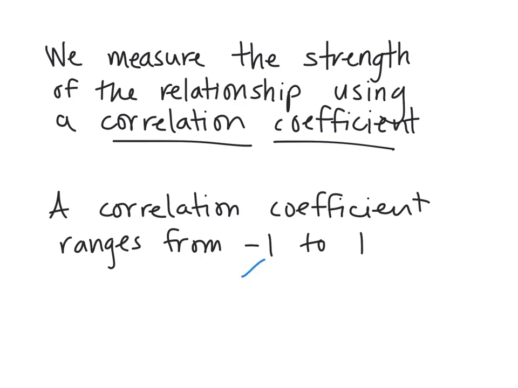Now in -1, the dots are going to be forming almost an exactly straight line going down. So if we were looking at a scatter plot that had a correlation coefficient of -1, it would look something like this. All the dots would be right in a line and they would be going down because it's negative.